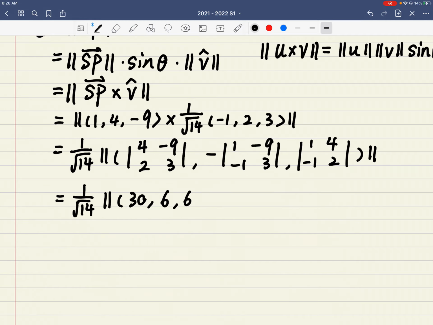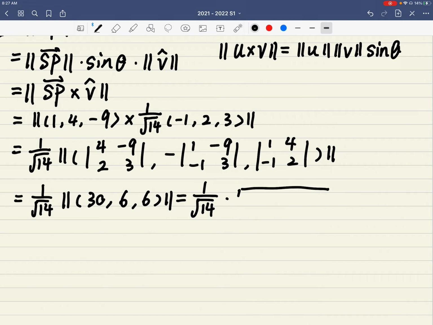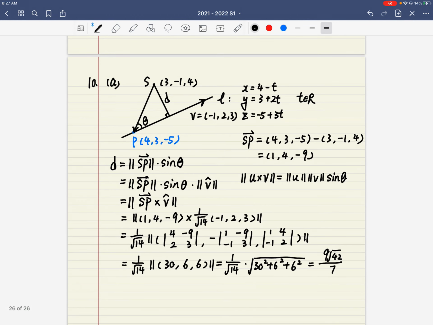So it's 1 over square root of 14 times the square root of 30 squared plus 6 squared plus 6 squared. So the answer is 9 square root of 42 over 7.